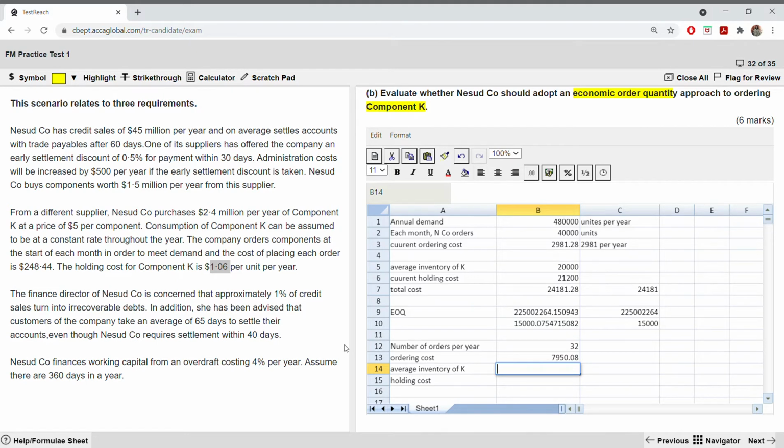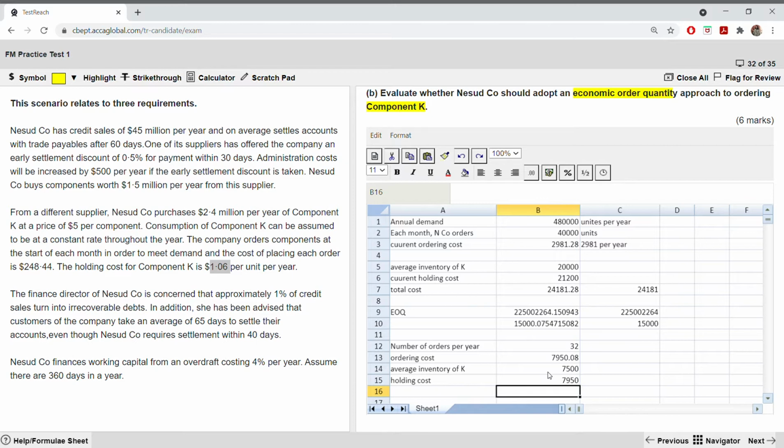Oh, you can just go undo. Okay, equal to this into 1.06. So it's 7950.